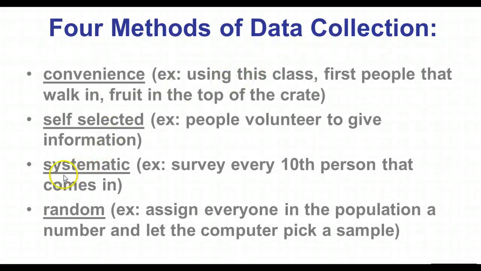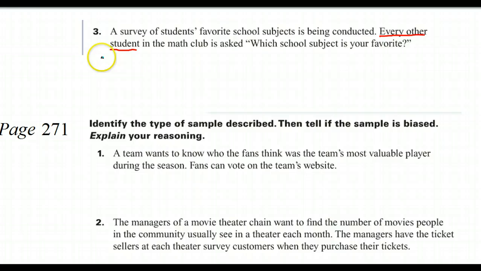So we're going to say this is systematic data collection. Systematic. Like if you do every 10th person, every other person, any kind of a system is going to be systematic. Alright, so systematic. This is definitely going to be biased.